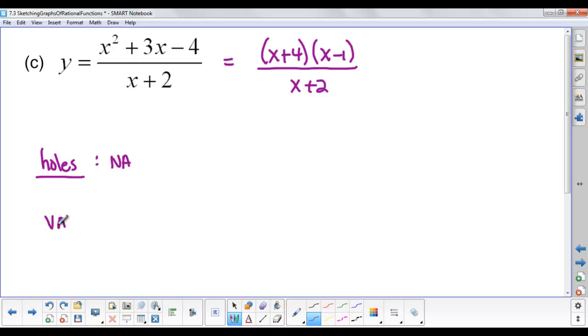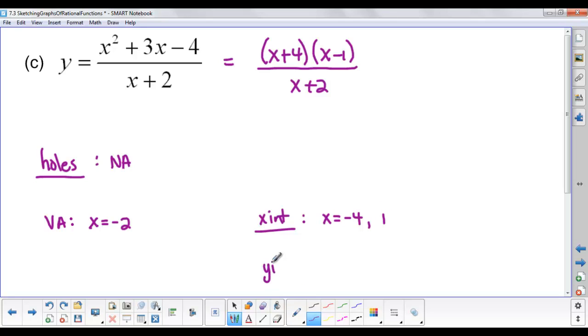We can state our vertical asymptote, anything that would make the denominator equal 0. So when x equals -2. Our x-intercepts come from the numerator. So when x equals -4 or when x equals +1, our numerator would equal 0.